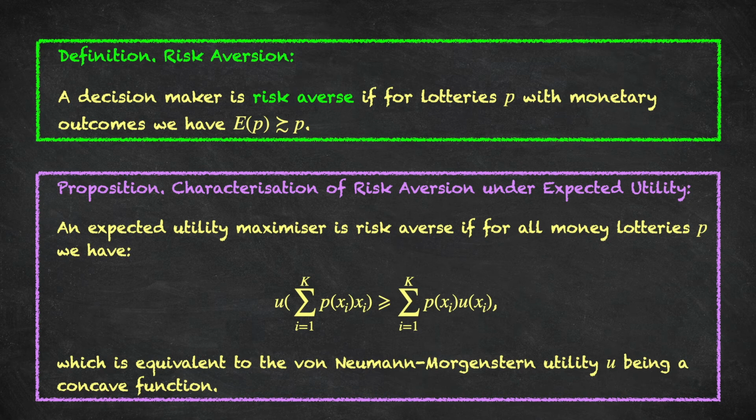If the decision maker is indifferent between those two for all lotteries, then the von Neumann-Morgenstern utility function would be an affine function or a linear function, which is, of course, both weakly concave and weakly convex.